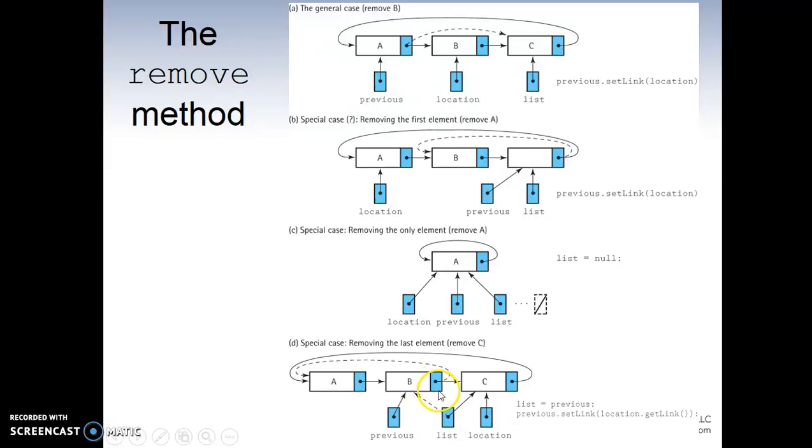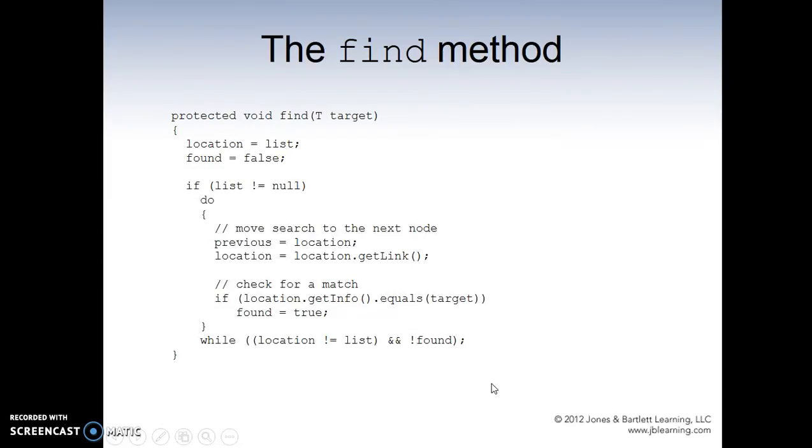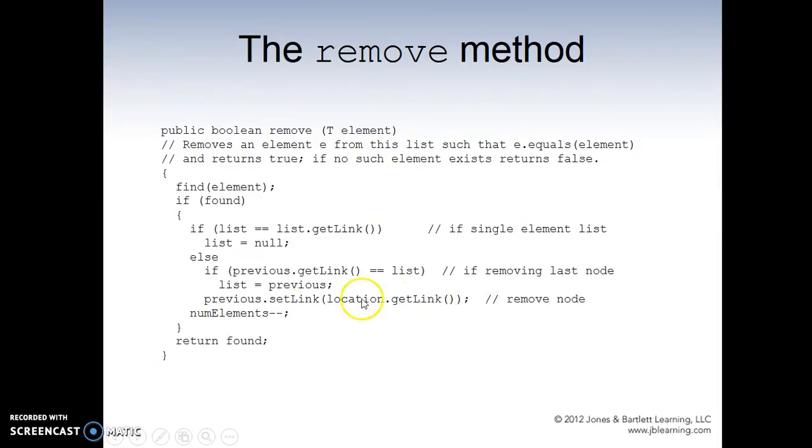Previous.getLink equals list, or location equals list, right? If it's the last node. In this case, the textbook uses previous.getLink equals list. So if it's that case, then we have to do list equals previous.